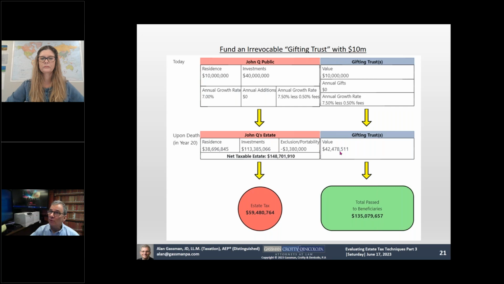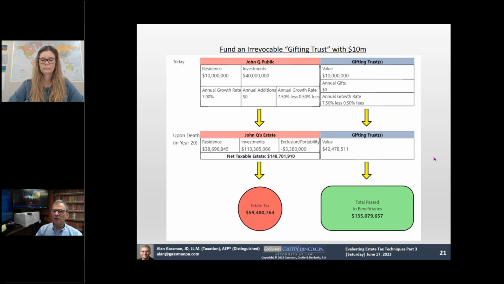That money is creditor proof and never subject to estate tax. The estate tax goes down to $59 million, and John Q. Public's descendants are also happy that John Q. Public did it.